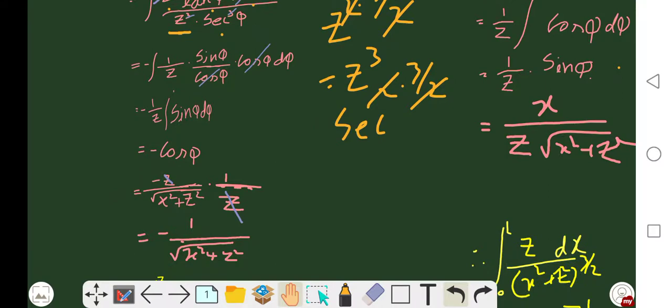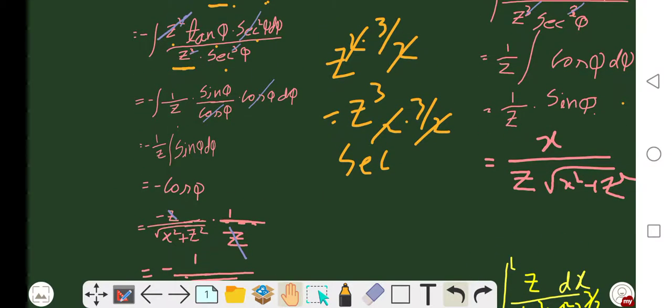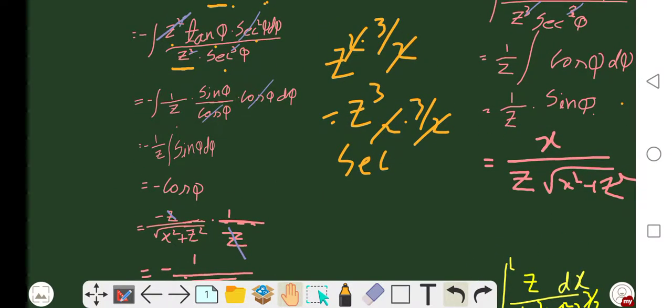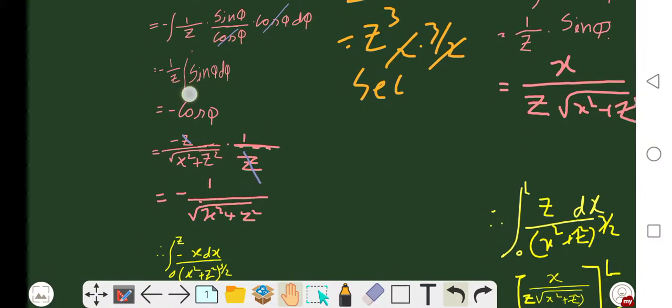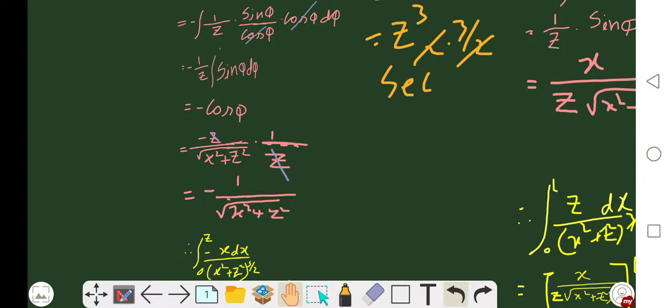Now the further calculation is here. Tan phi equals sin phi by cos phi. 1 by sec phi equals cos phi. Now the integration of sin phi. As we know, the integration of sin phi is minus cos phi.